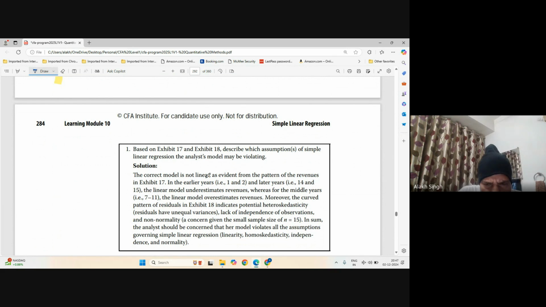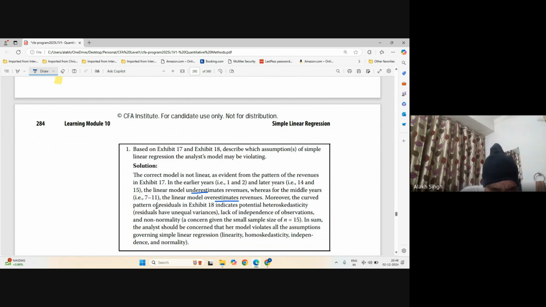The correct model is not linear, as evident from the pattern of revenues. In the earlier years, 1 and 2, and later years, 14 and 16, the linear model underestimates revenue, whereas in the middle years the linear model overestimates revenues. So linearity is violated.